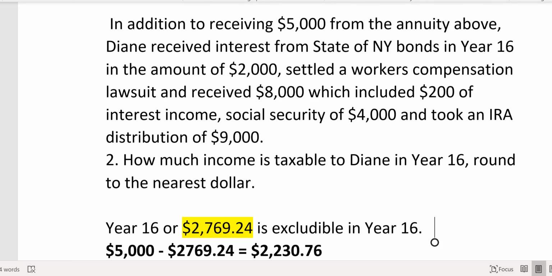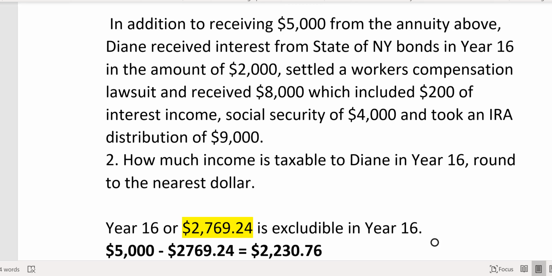It says, in addition to receiving $5,000 from the annuity, and we handled that, Diane received interest from state of New York bonds in year 16 in the amount of $2,000. Well, what do you know about state of New York bonds? They're municipal bonds. And what do you know about municipal bonds? They're tax-free. So that $2,000 will not be included income for Diane. And she settled a workers' compensation lawsuit, which is also tax-free, and she got $8,000.